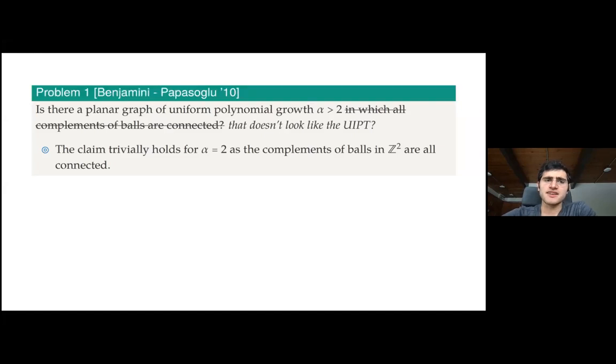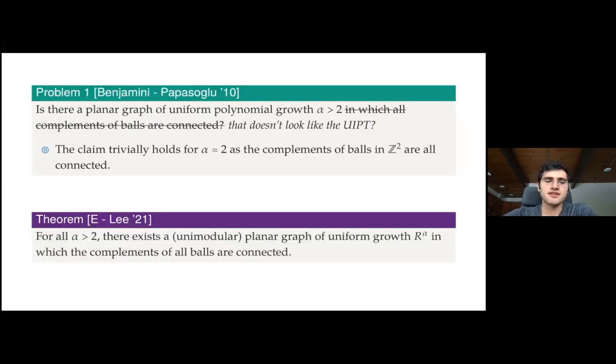And we answer this problem positively. For any alpha greater than 2, we show that there exists a unimodular planar graph of uniform growth r to the alpha in which the complements of all balls are connected. I haven't defined what unimodular means, but for the sake of this talk, you can just consider them as Benjamini-Schramm limits of sequences of finite planar graphs.